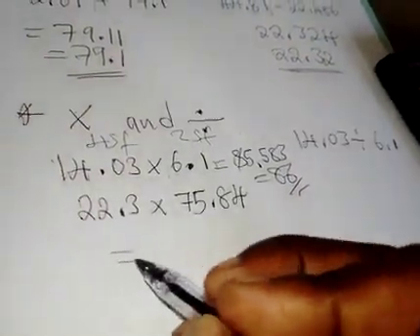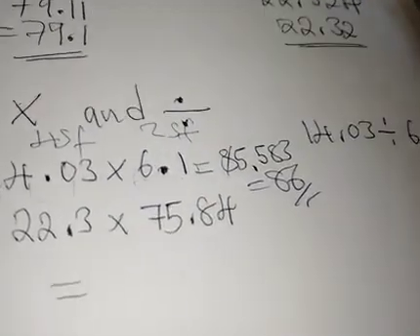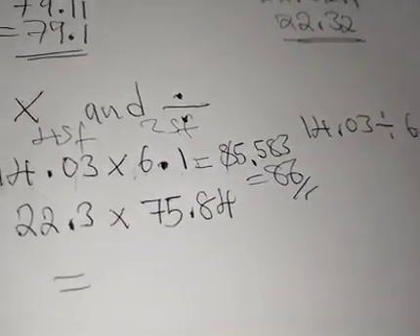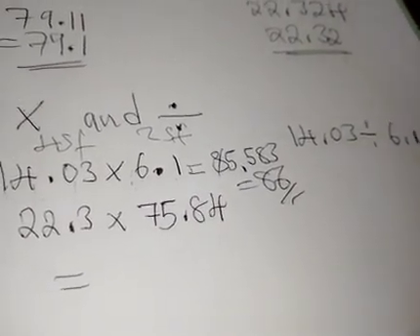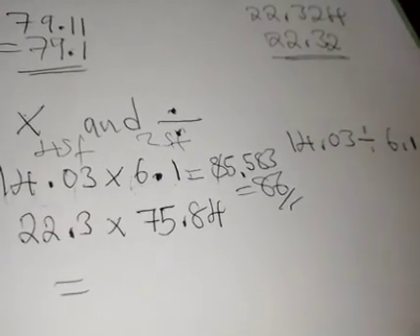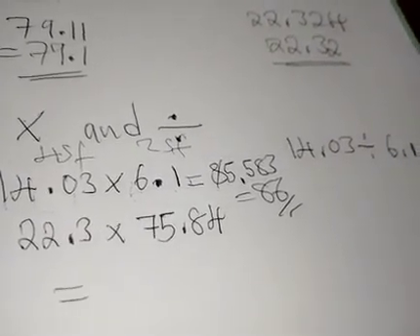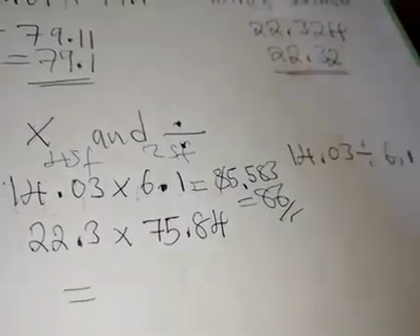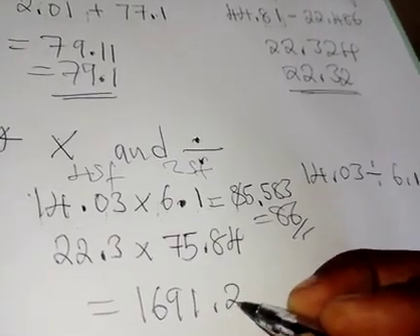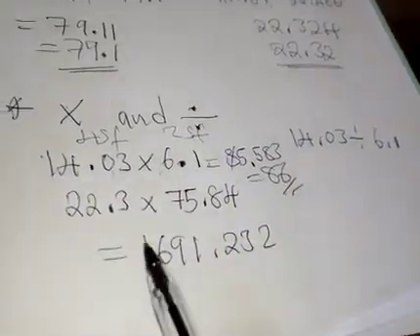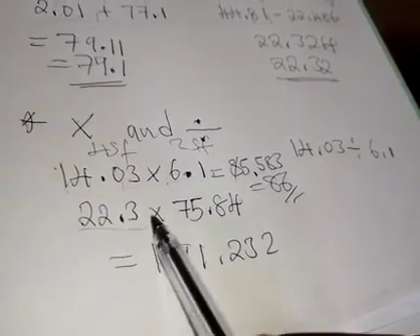Same applies here when you multiply 22.3 times 75.84. So we are getting 1691.232. Then check this one, how many significant figures?